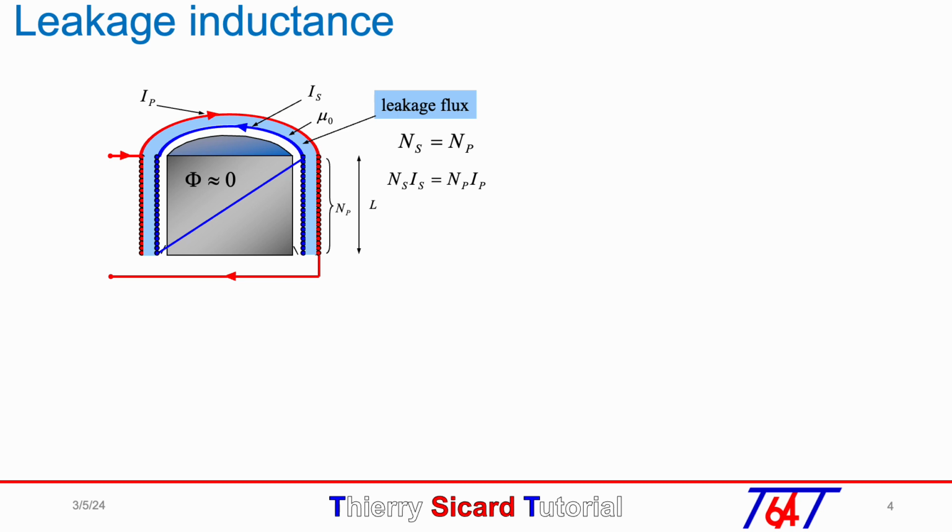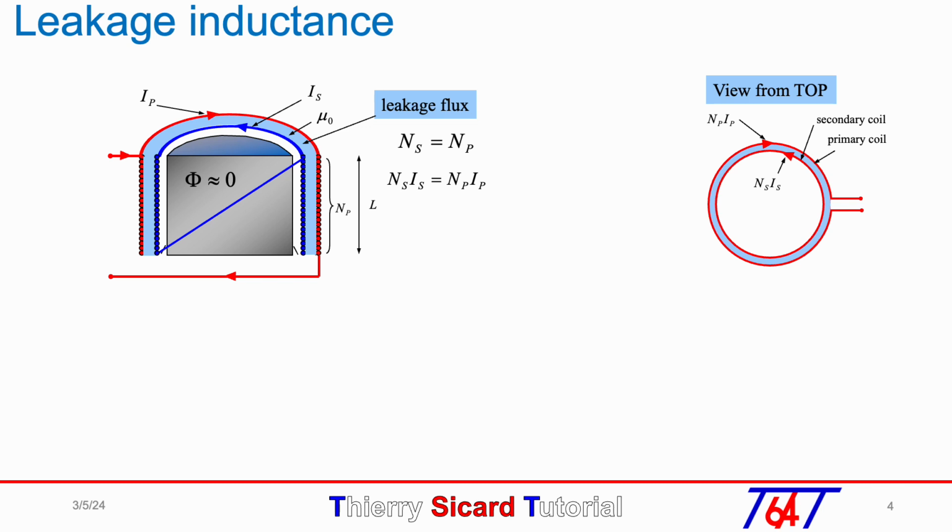If we represent both coils from the top, we will see the same amount of current in the primary and in the secondary.